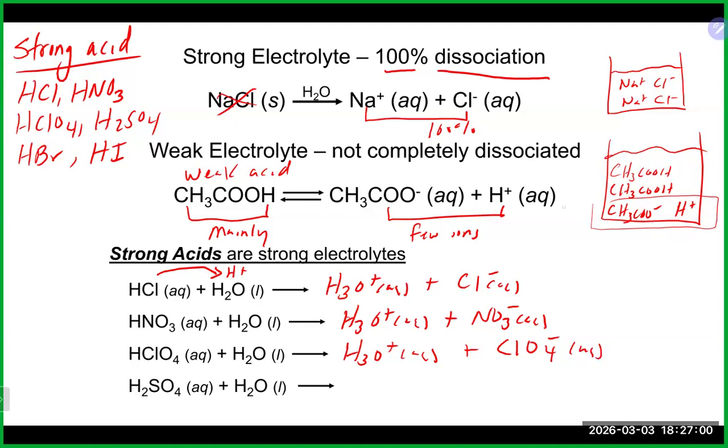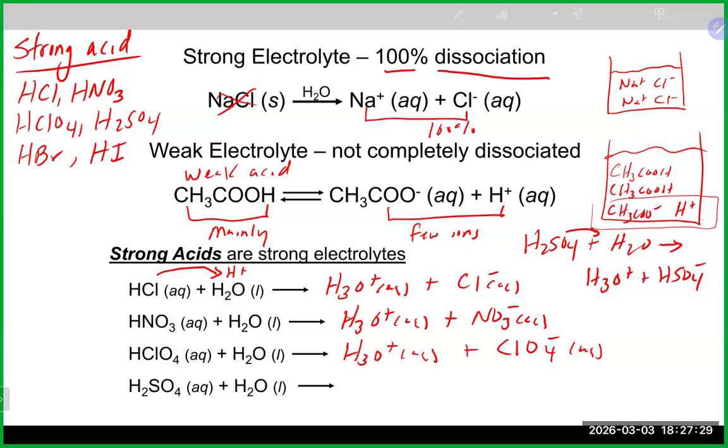And the last one, kind of hiding, I'll put it up here a little bit higher: H2SO4 plus water. Again, it's going to donate its H plus over, making H3O plus and HSO4 minus. So each of these are strong acids, which means they're strong electrolytes, which means when you have a solution of these, they are going to 100% break apart.